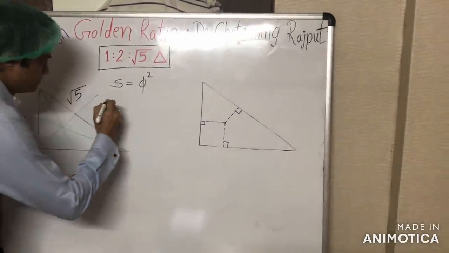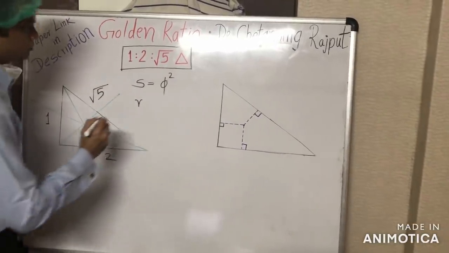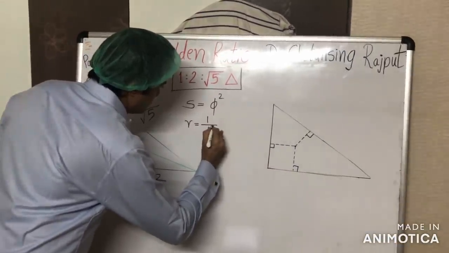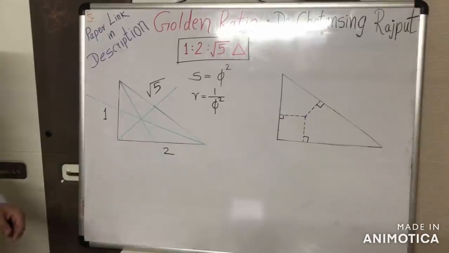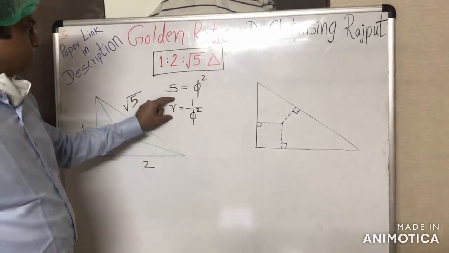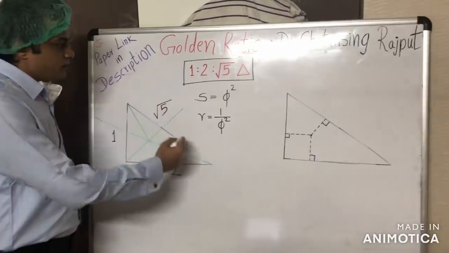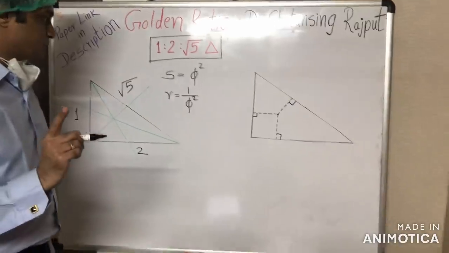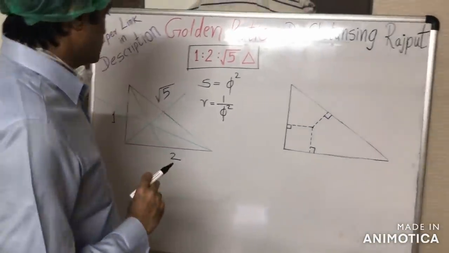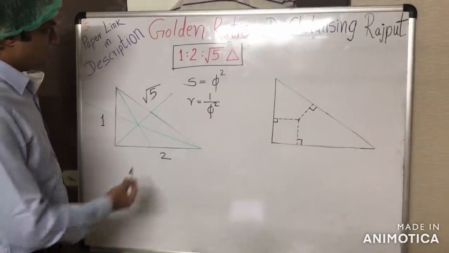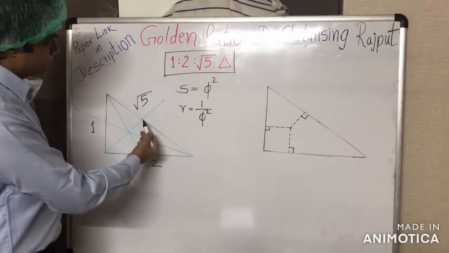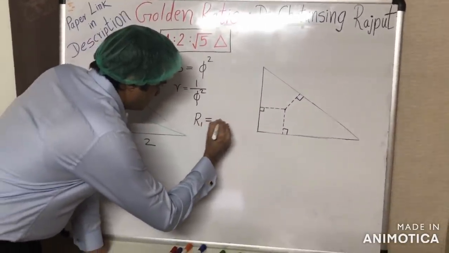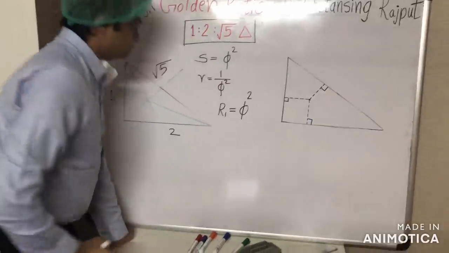The inradius of this triangle is precisely the inverse square of the golden ratio. And not just the inradius, all three exradii of this 1 to root 5 triangle, each of the exradii is a precise expression of the golden ratio. Like the exradius opposite the right angle, R1, is equal to the square of the golden ratio.